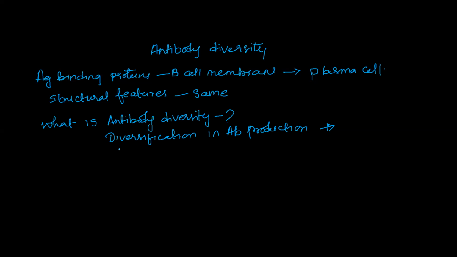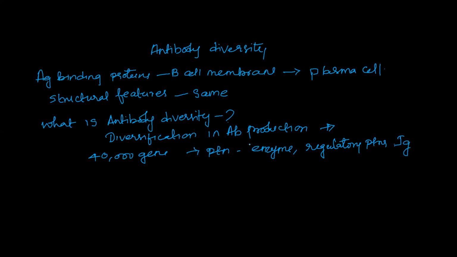There are more than 40,000 genes in our genome, and these genes code for all kinds of proteins, say for enzymes, for regulatory proteins, and you can say Ig, immunoglobulin, right?